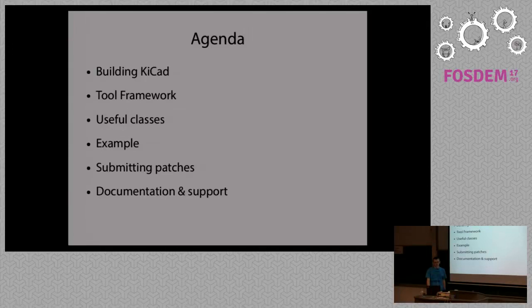A few useful classes, so you know what you can use for dealing with certain problems when writing tools. A short example to see how it looks in real life. A few words about what you can do when you are finished with a tool, and then some further information if you need it.